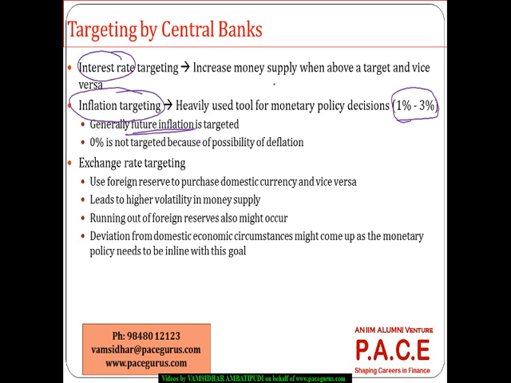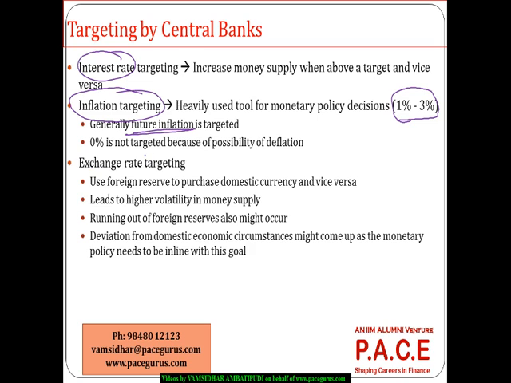Generally it is the targeted inflation: let's say 1 year down the line, 2 years down the line, the inflation should be around this region. They generally don't want to target 0% because of the possibility of negative inflation or deflation, which is much more difficult to control compared to inflation.